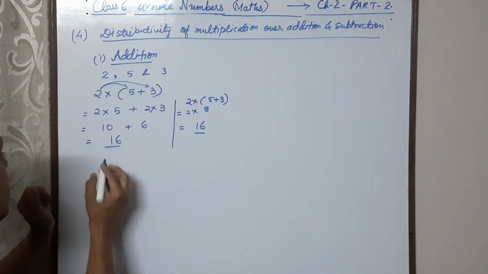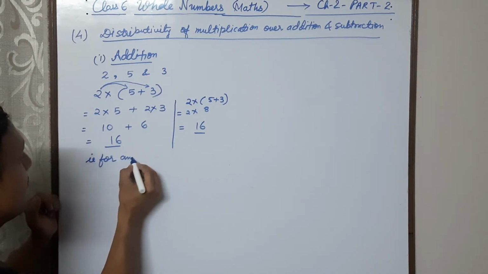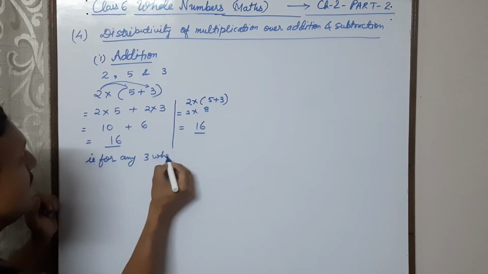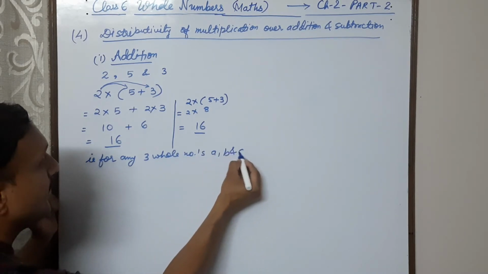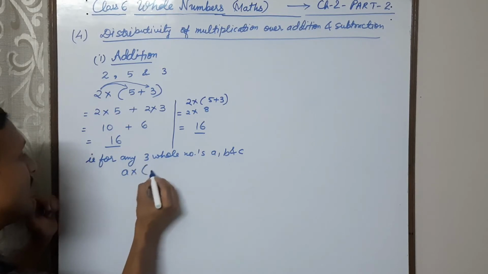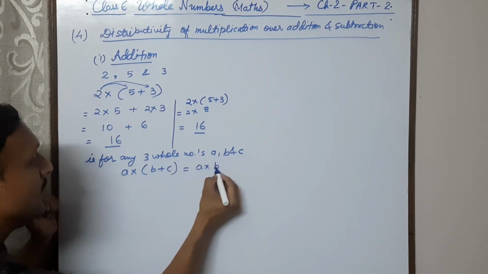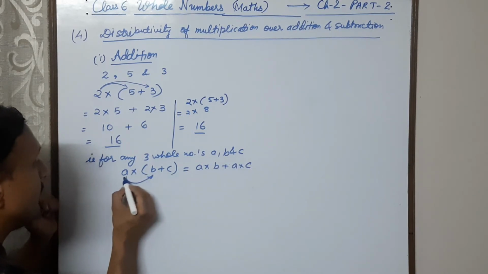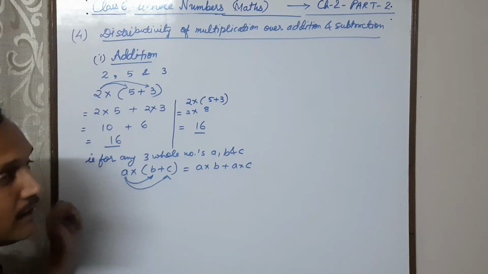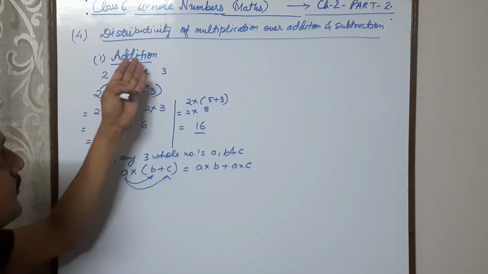That is, for any three whole numbers A, B and C, A multiplied by B plus C equals A into B plus A into C. A is distributed to both B and C. A is multiplied by B plus A is multiplied by C. This is the distributive property for multiplication.